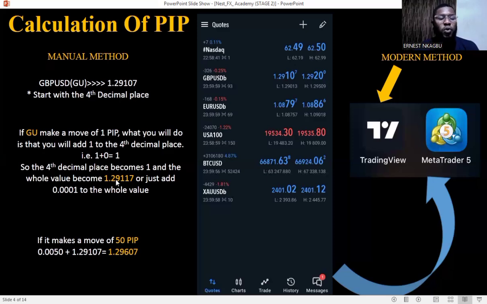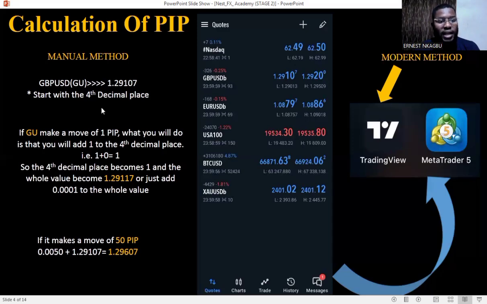You understand? If, for example, I say this makes a 50 pip movement, that is, it moves 50 pips above, we are going to add 50 times 0.0001, so it's going to be 0.0050. We are adding 0.0050 to the whole number at which we entered the market.